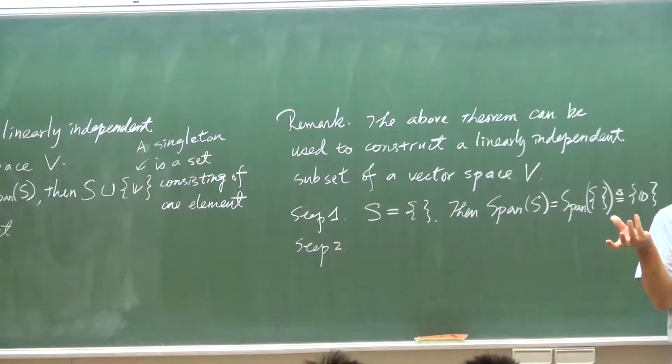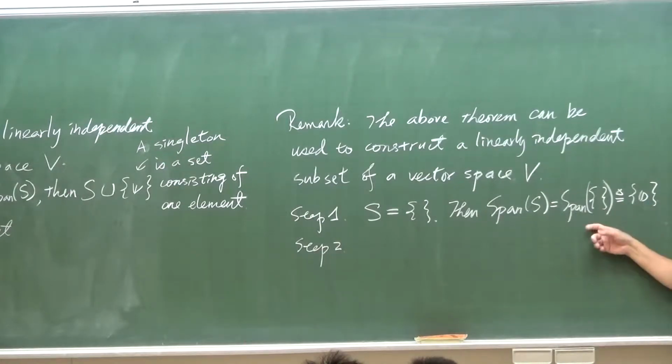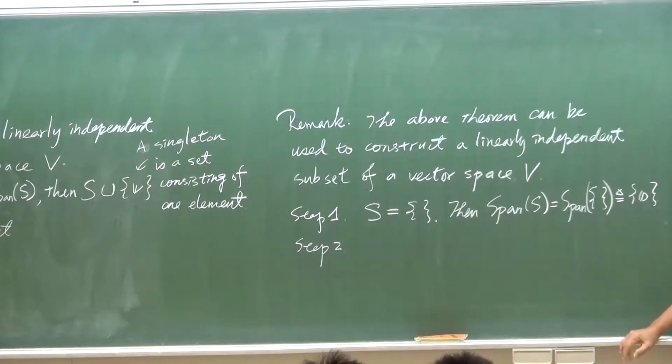You don't have any vector. But I don't want it to be empty, so I just say the zero vector is the only element, so that I can define it. The span of a set is also a set, of course. And did I answer?